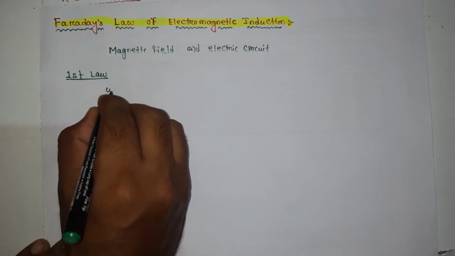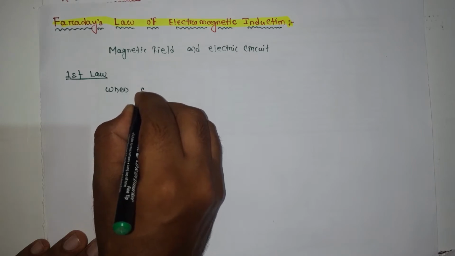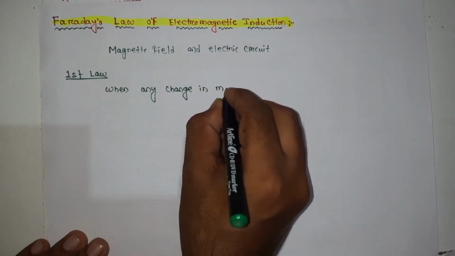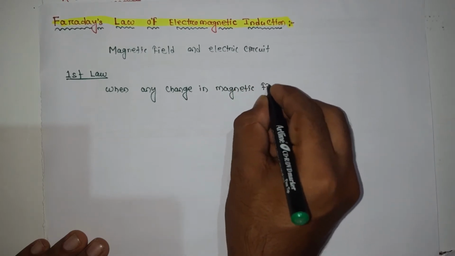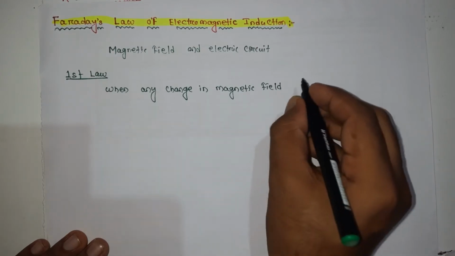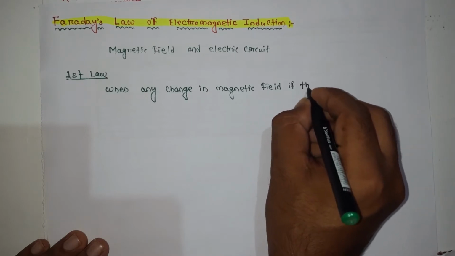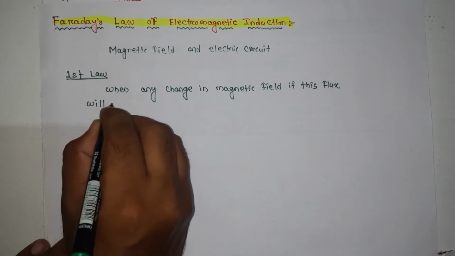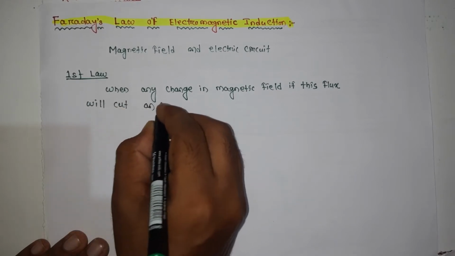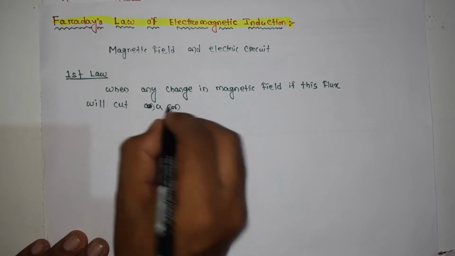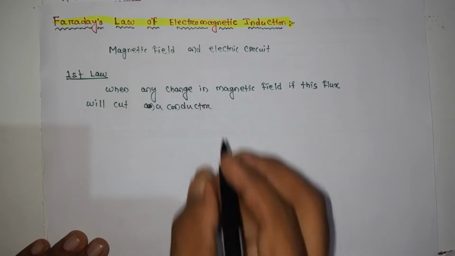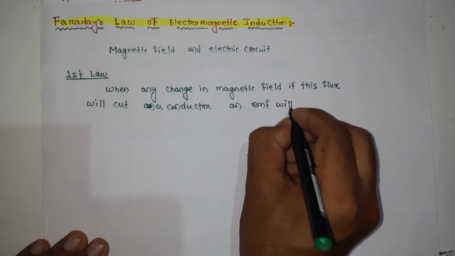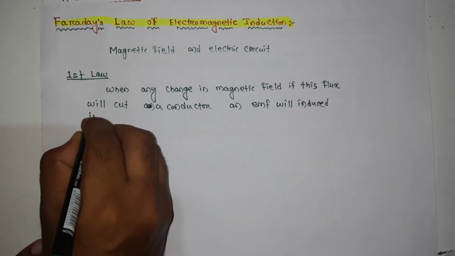This law says that when there is any change in magnetic field, if this flux will cut a conductor, an EMF will be induced in that conductor.